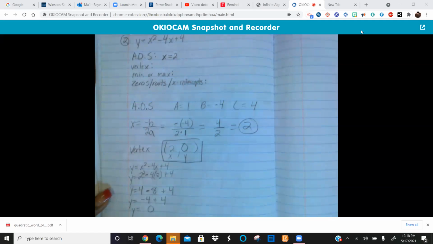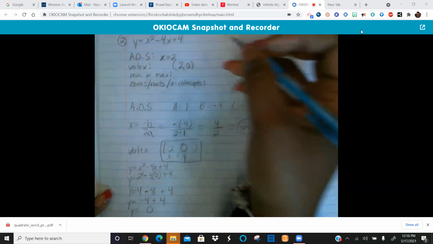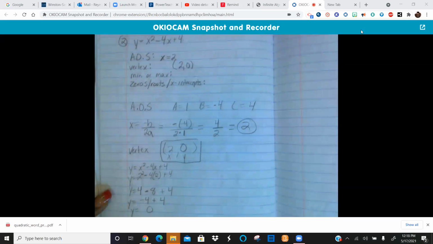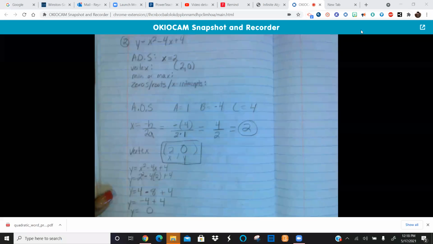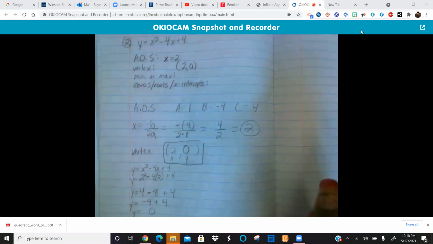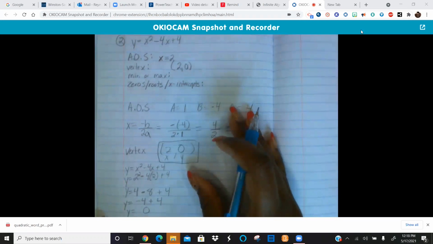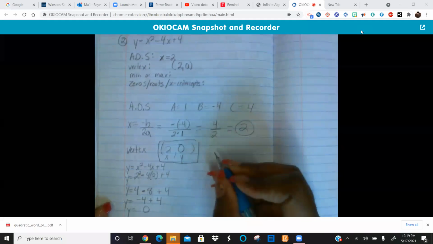Okay, is this vertex our minimum or maximum value? Is this parabola going up or down? Is it an upward parabola or a downward parabola? It's an upward parabola because A is a positive number.